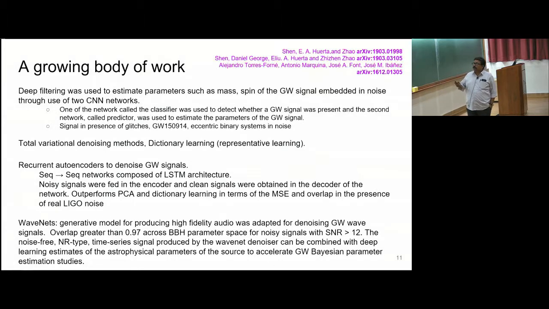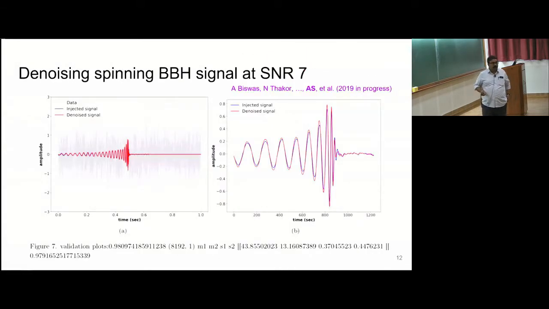So if you go through some of these papers, there are some ideas of how the noise-free time series produced by these kinds of denoisers can be combined to get accelerated astrophysical parameter estimation. So just to give you a visual of what these can do.